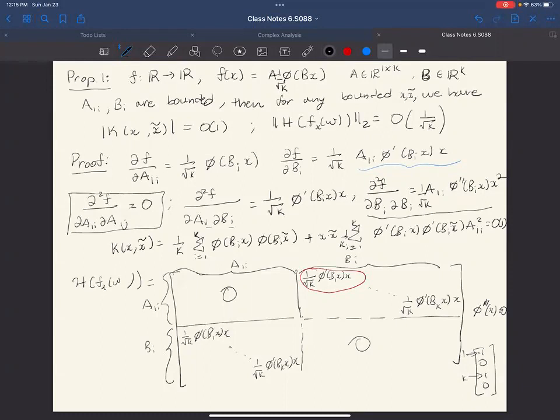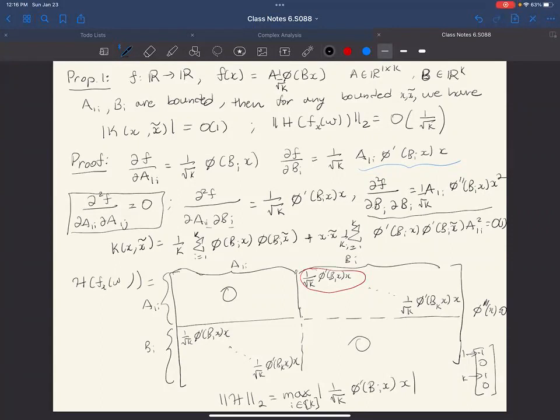And so in fact, what we're seeing is that the spectral norm of H, in this case, is going to be a max over i and k of 1 over root k, phi prime, b_i x, x.